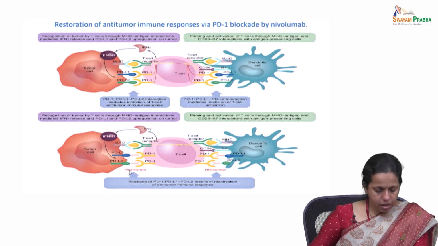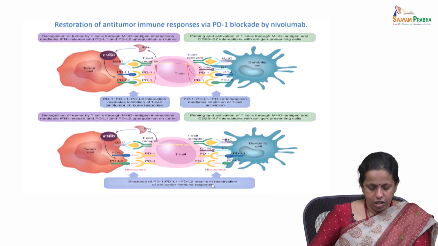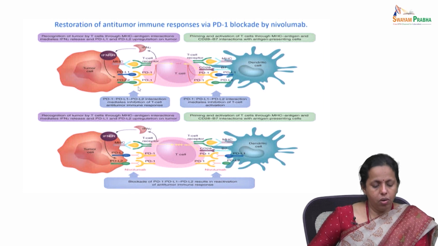What happens when nivolumab is given? There is blockade of PD-1 and your PD-L2, which results in reactivation of your anti-tumor response. Can you see here how this blockade works? See here, this binding is completely happening, but once there is a blockage, what will happen?